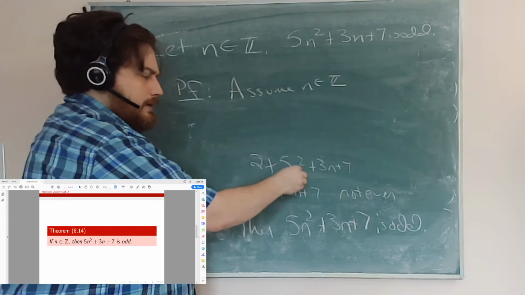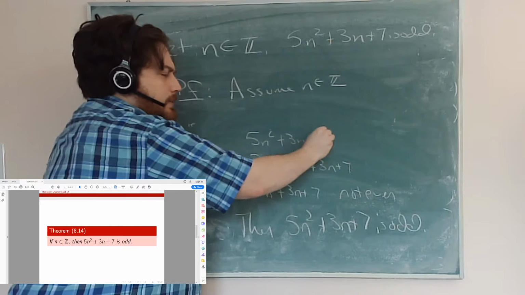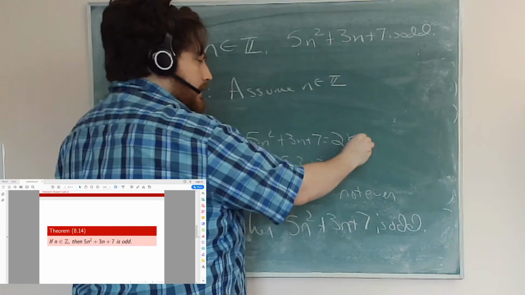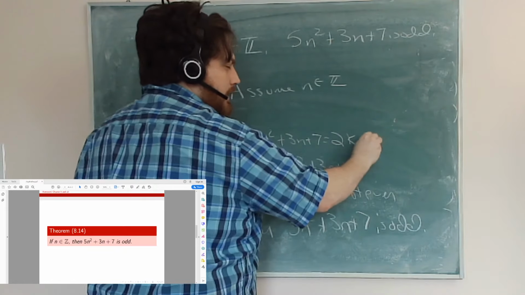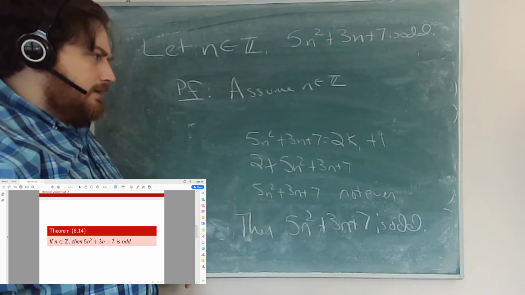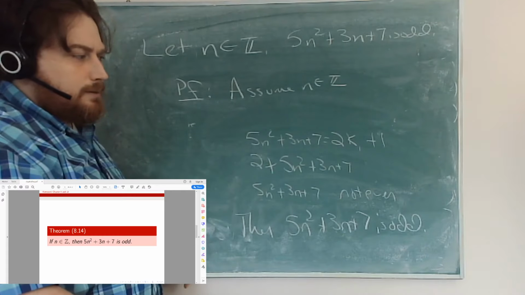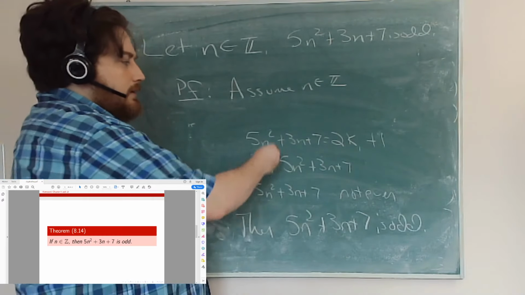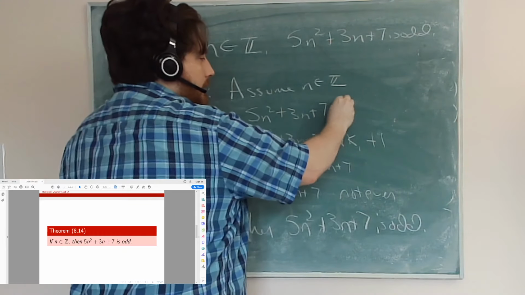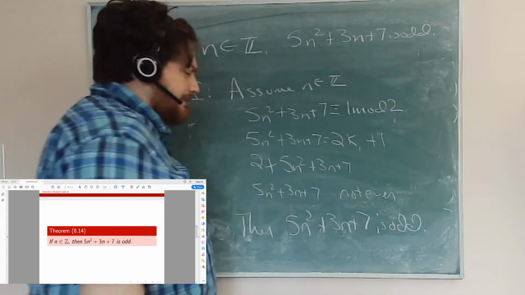But since 2 does not divide that, that means that 5n squared plus 3n plus 7 is equal to 2 times some integer, we'll say k1, plus 1. And it also means that, well, if it is even, we showed that meant it was congruent to 0 mod 2. So it's also equivalent to saying 5n squared plus 3n plus 7 is congruent to 1 mod 2.